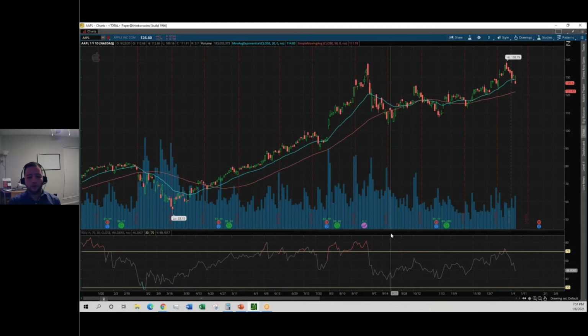And also, do not confuse this relative strength as if you were comparing this stock to any other stock or any other benchmark. There is another indicator which I'm going to discuss at the end of the presentation, which is called the relative strength indicator.